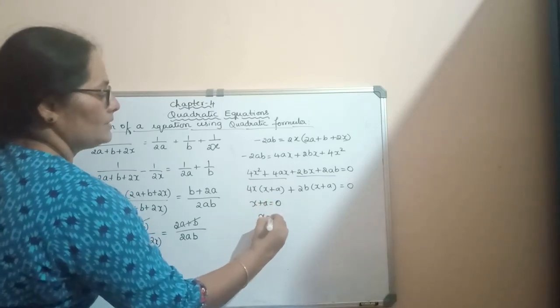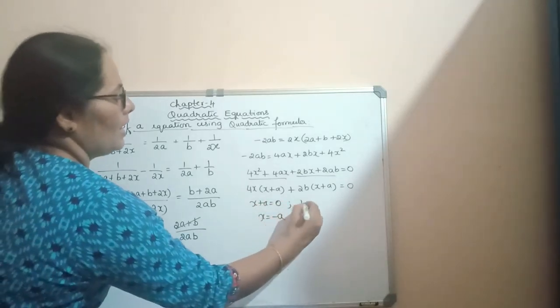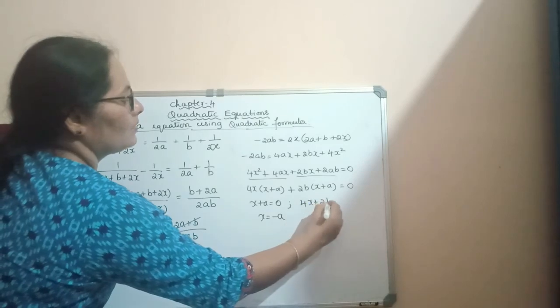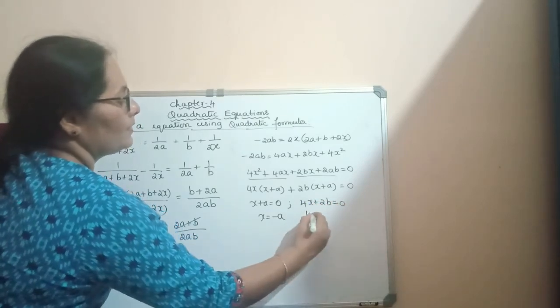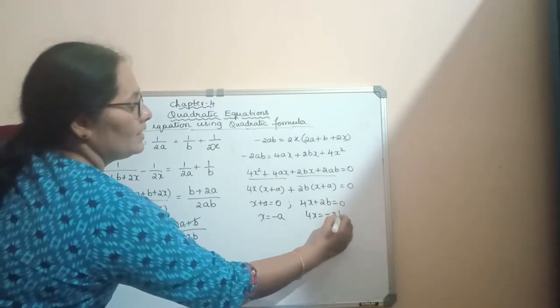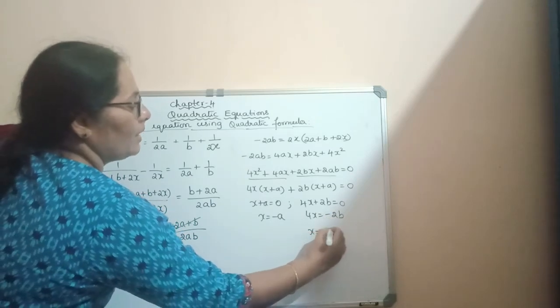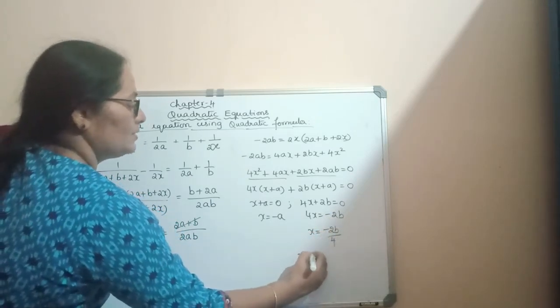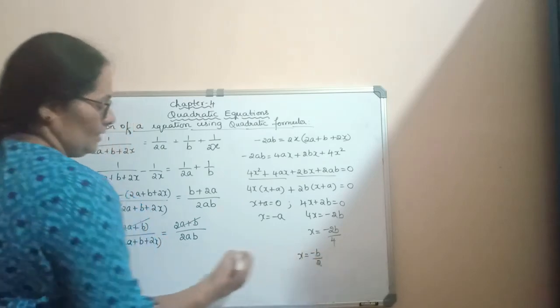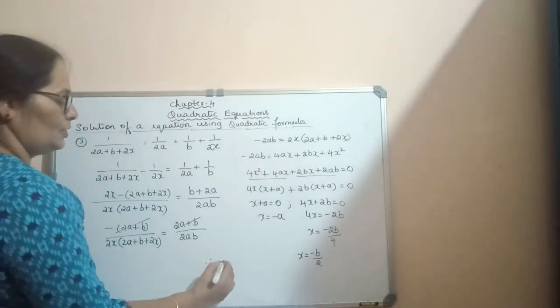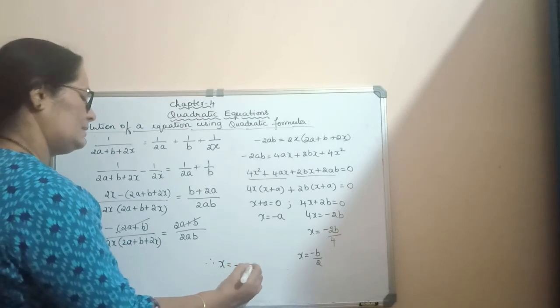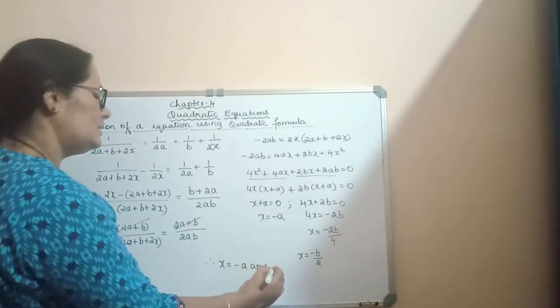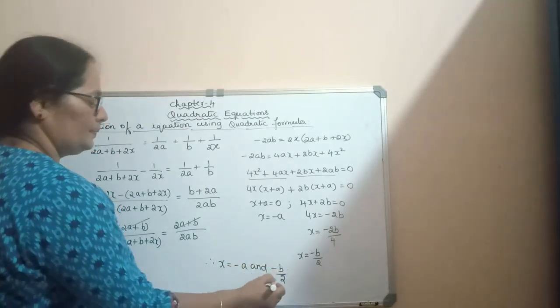So x equals to minus a. And 4x plus 2b equals to 0. So 4x is minus 2b. So x is minus 2b by 4. So x equals to minus b by 2. Therefore, the solution of the equations are minus a and minus b by 2.